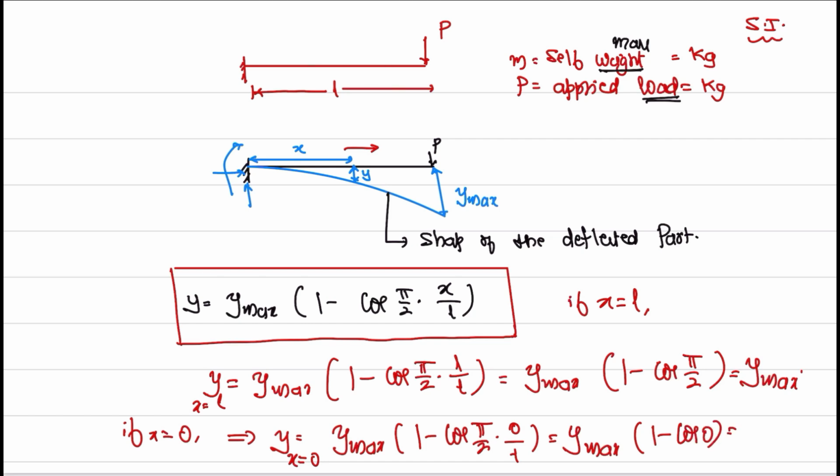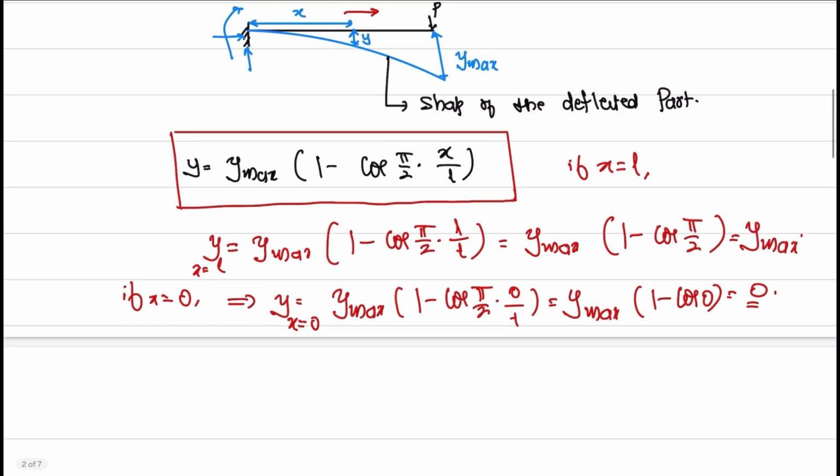That is 1. 1 minus 1 is 0. That means y is equal to 0. That means the above equation y is equal to y max into 1 minus cos pi by 2 into x by L satisfies both the boundary conditions.